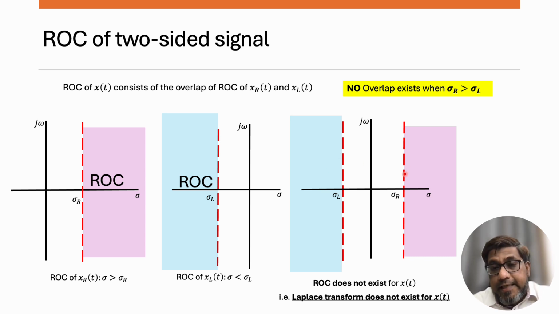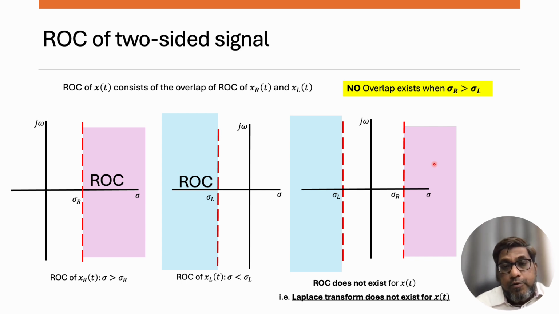And clearly in this case, there is no overlapping region between the ROCs of the left-sided component and the right-sided component. So what it means is that for the two-sided signal in this case, the ROC does not exist for the Laplace transform. So the Laplace transform does not exist for this particular signal x of t, because its left-sided component ROC and the right-sided component ROC have no common areas.